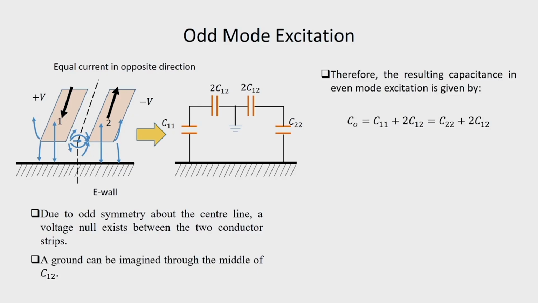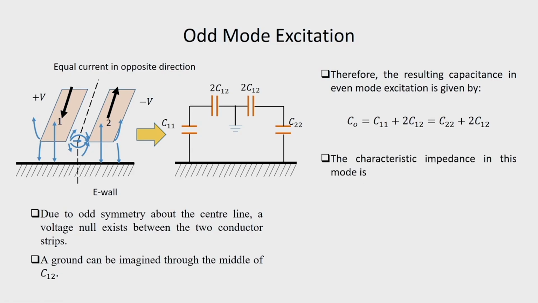The resulting total capacitance for the odd mode is C11 plus 2C12, which is equal to C22 plus 2C12.